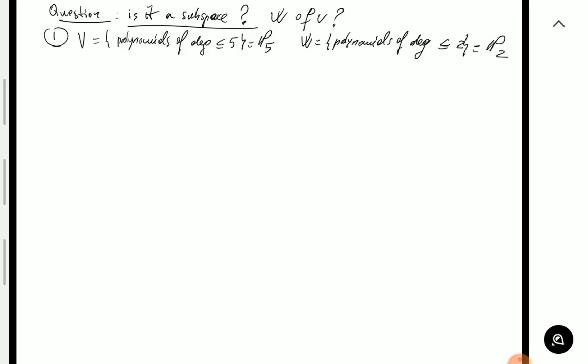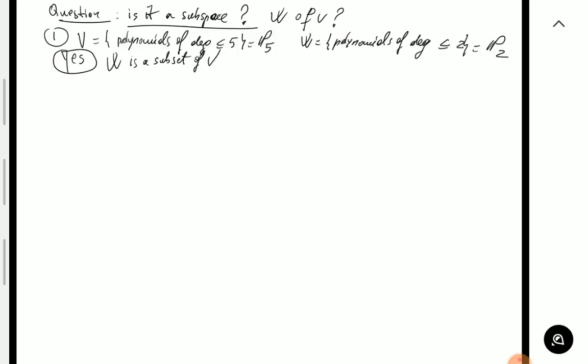So is P2 a subspace of P5? Think about it for a second, and if you understood all we talked about up until this point, you should realize the answer is yes pretty quickly. Why is that? Well, first of all, it's a subset. Every polynomial of degree 2 by default has a degree less than or equal to 5. So it's clear that W is a subset of V.